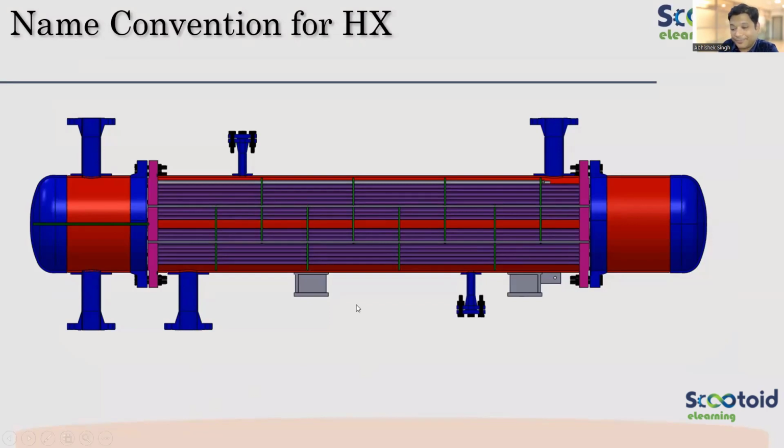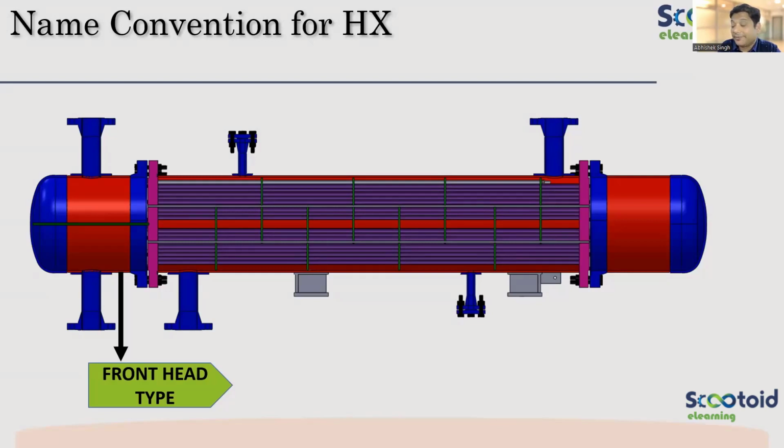What is the name? So basically that naming convention is based on the complete heat exchanger being divided into 3 parts. Remember, we are talking about the configuration or nomenclature given by the TEMA standard. That is, TEMA has given the methodology to name a heat exchanger.